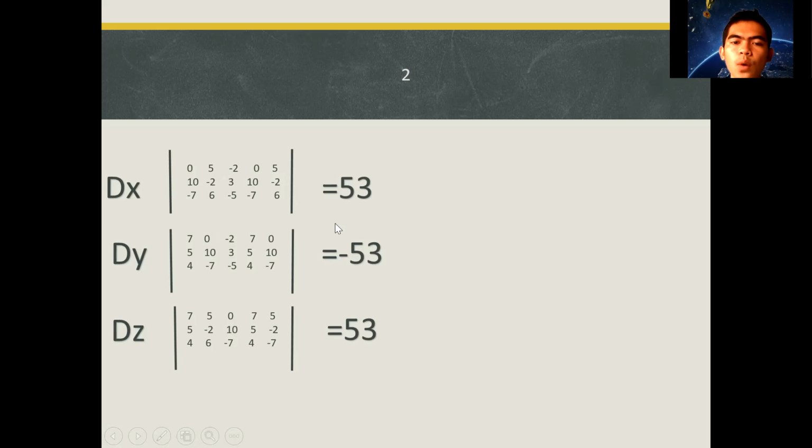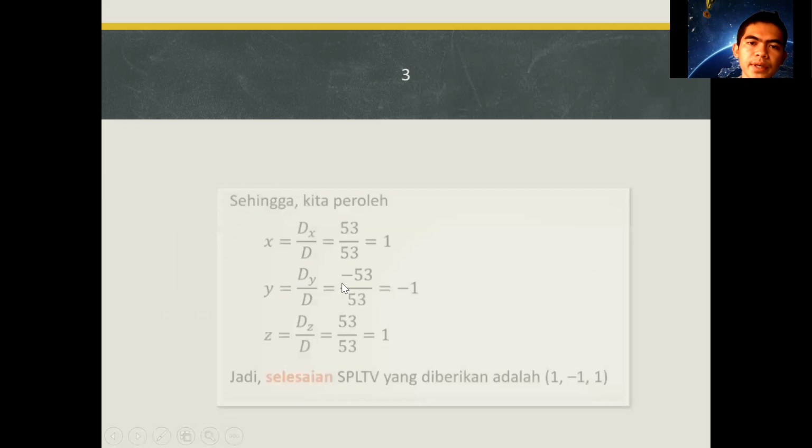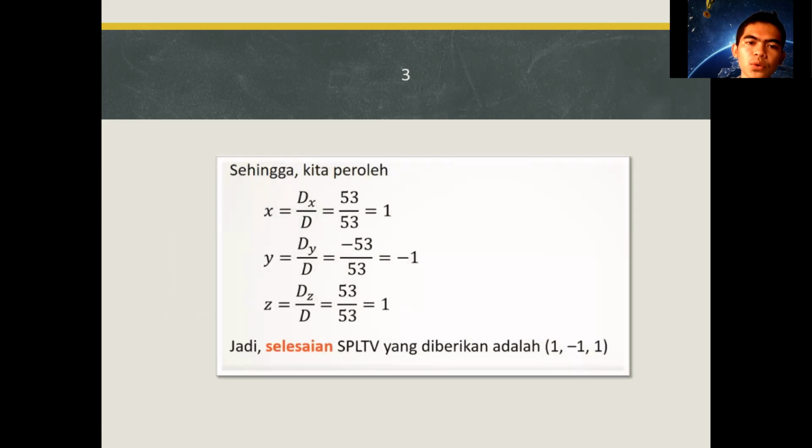The determinant x equals 53, the determinant y is -53, and the determinant z is 53. The last step is to get the true result. x equals determinant x over D, equal to 53 over 53, which is 1.